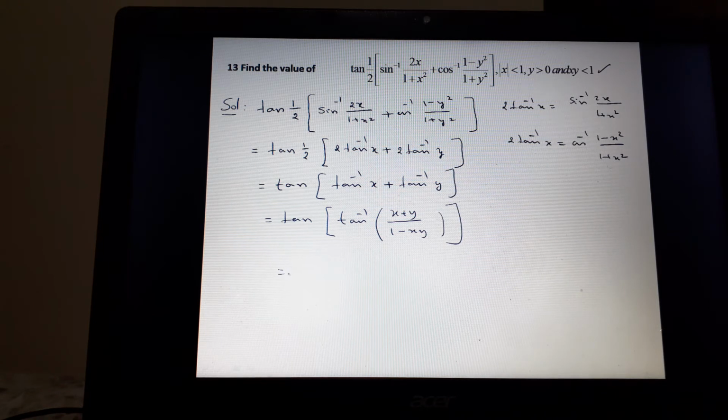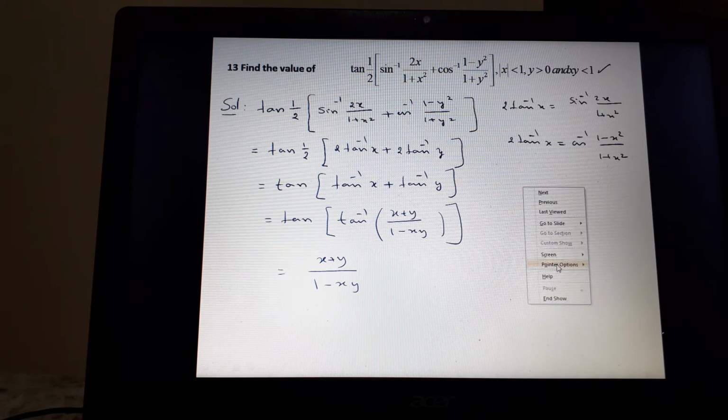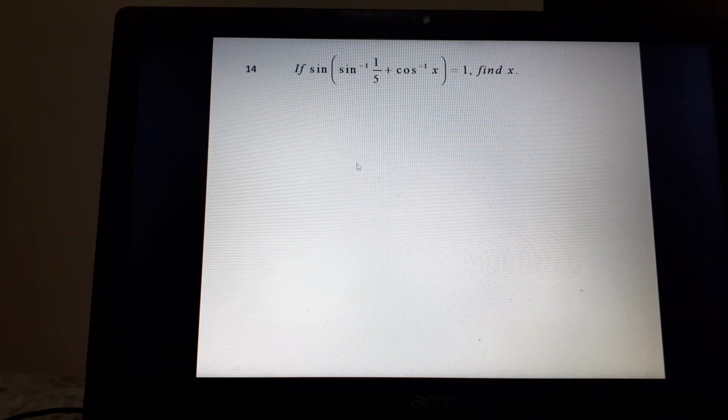So this equals x plus y by 1 minus xy, since tan of tan inverse is the identity function. So this is the 13th question. So this is the 14th question.